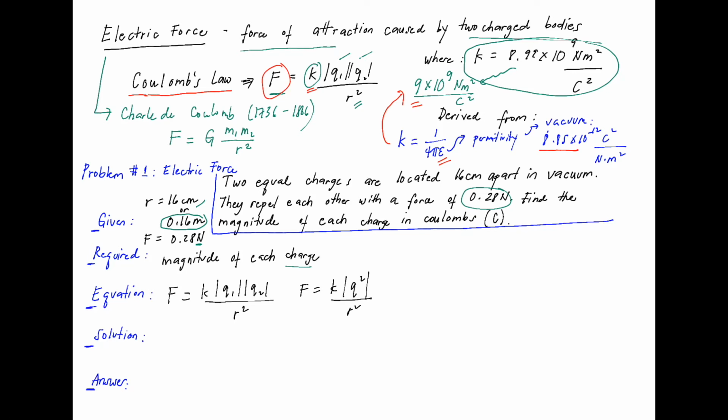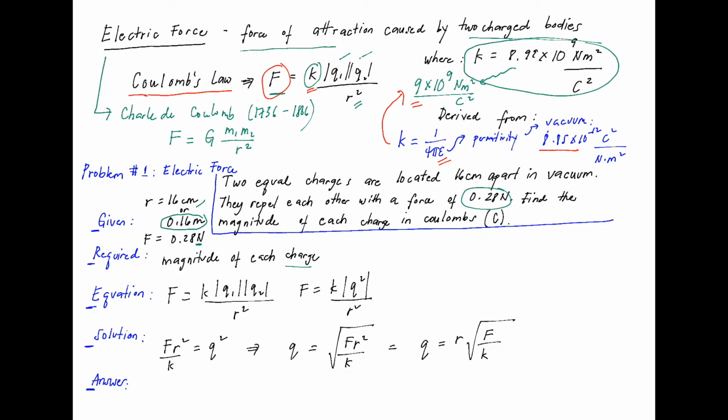Solving for the value of Q, we have here F multiplied to r square divided both sides by K, and then we have here the Q square. Solving for the Q square, we have the square root of F multiplied to r square over K, and therefore the value now for Q, for the charge, is simply r multiplied to the square root of F over K.